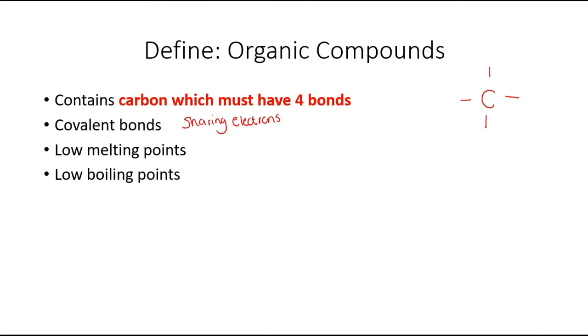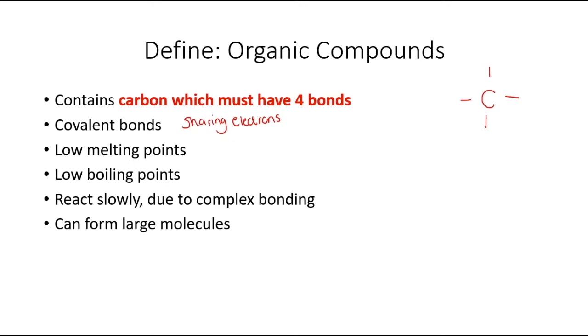But we must bear in mind that if it's a 2-carbon compound compared to a 10-carbon compound, their melting points between themselves will be variable. They also react very slowly because they have very complex bonding in place, and they could form very large molecules.